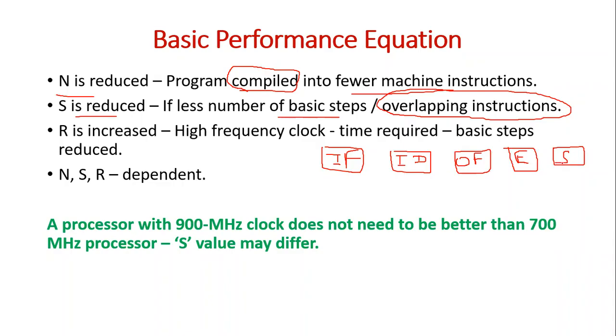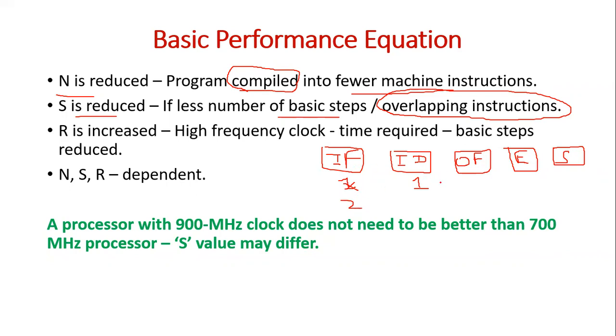So what happens is, the first instruction is fetched and it is in the decoding stage. When the first instruction is getting decoded, during that time you can fetch the second instruction, because this unit is now free.